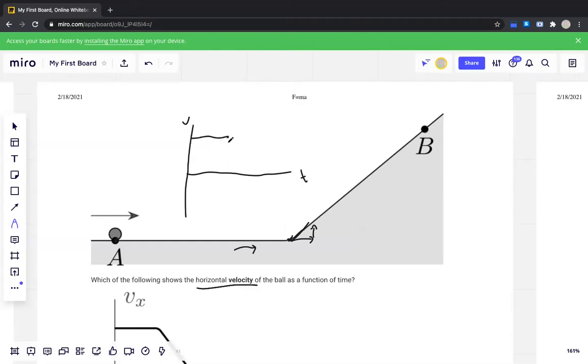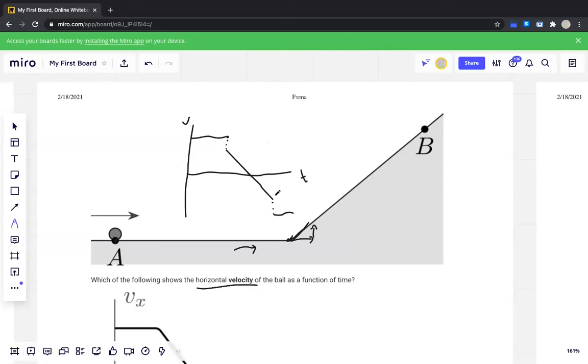So we're going to have some drop, and then it's going to go down to 0 as it reaches B. And then it's just going to reflect across the x-axis because it's going to come down as negative. It's going to increase because now it's going from being a component to just being horizontal, and then it'll become constant again as it goes from this bottom point to point A.